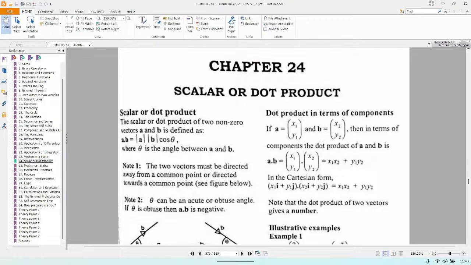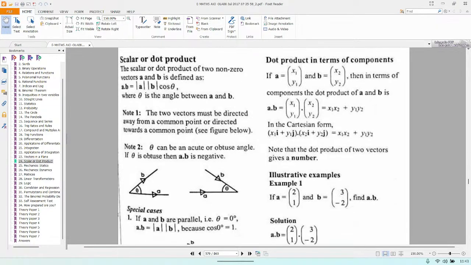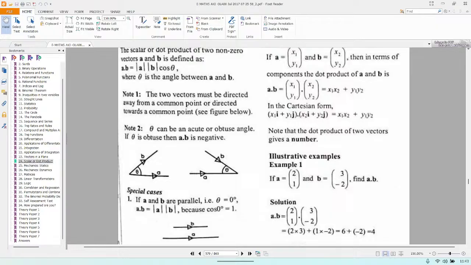A scalar or dot product of two non-zero vectors A and B is defined as A dot B equals the magnitude of A times the magnitude of B cos theta, where theta is the angle between A and B. Note that the two vectors must be directed away from a common point, or they must be coming towards a common point, either diverging or converging. Do you understand?